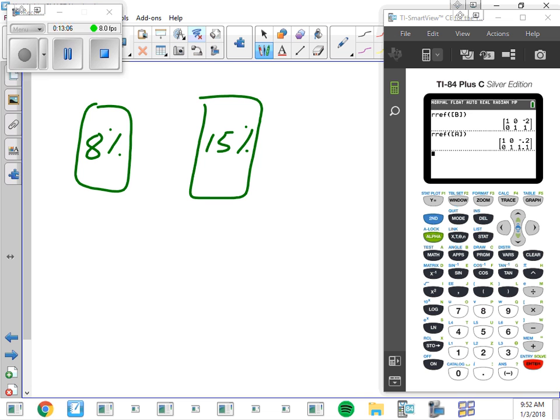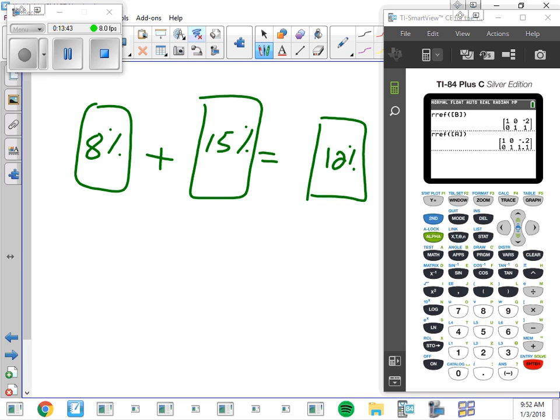And we assume we have an unlimited amount, as much as we need. What's the goal? We want to add these together in certain amounts to create a bottle that's 12%. Which one are we going to add more of? 8 is 4 units away from 12, and 15 is 3 units away from 12. So we're going to use slightly more 15, just a little bit more 15.